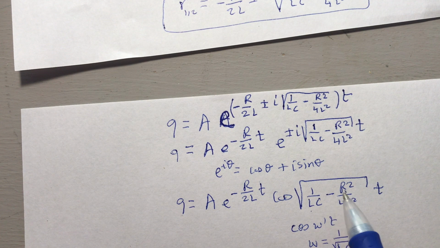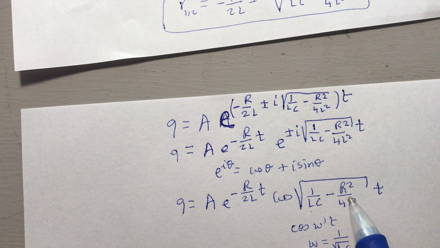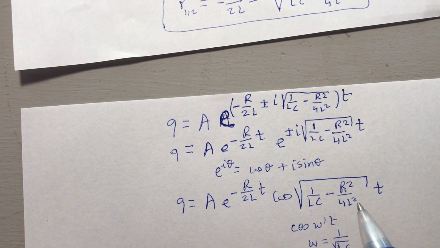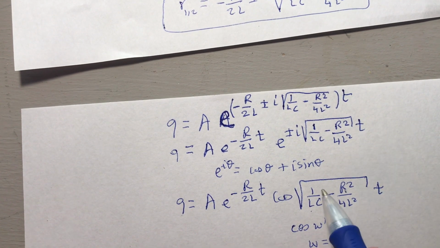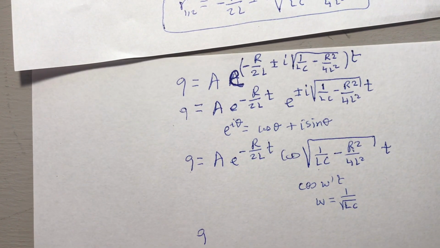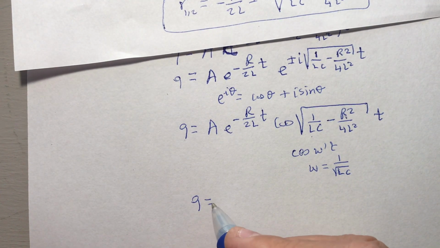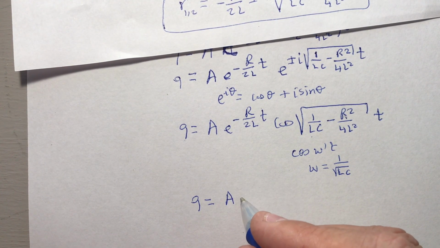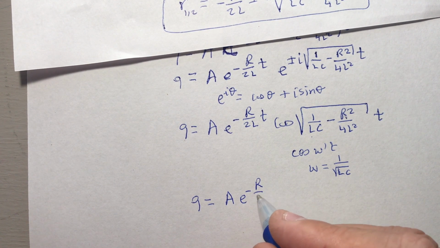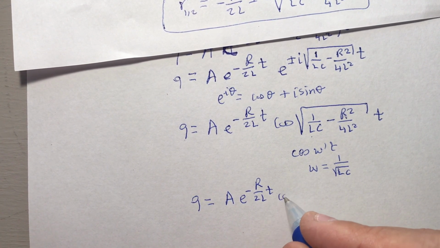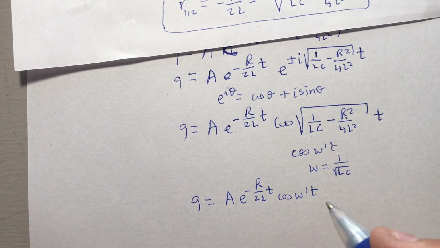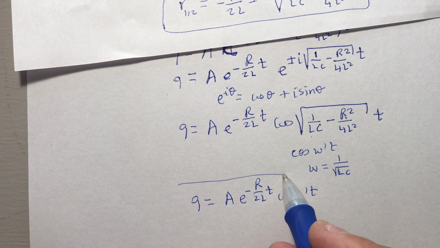But now we have R. That R gives us a different frequency, which means I have to use omega prime, not omega. So my Q is equal to A e to the minus R over 2L t, and I put cosine omega prime t. Now this is Q in the circuit.